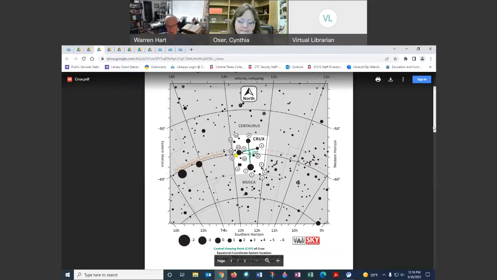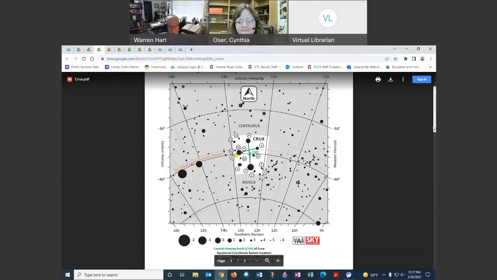I usually get a question coming up in this time period, April, May, and June: Hey, can we see the Southern Cross? And I say, sure, you can see part of it. As you can tell here, you can see the top two stars of Crux, the constellation.